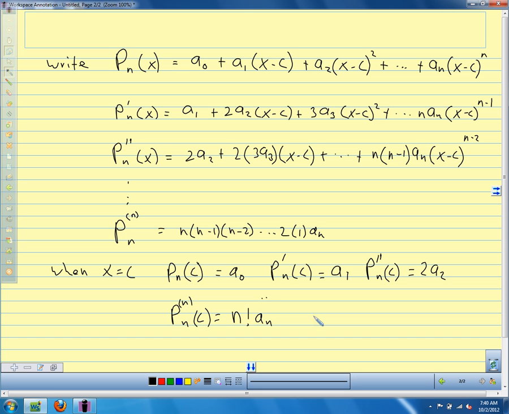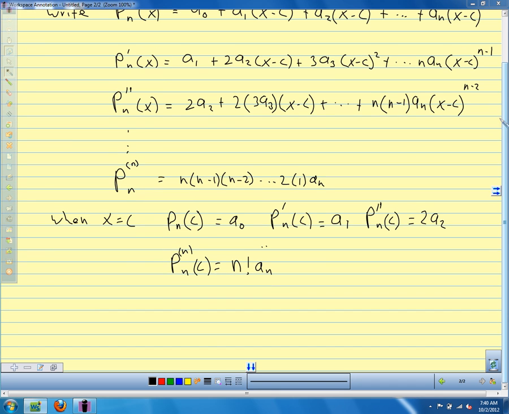And these have to agree with our function and our function's derivative and the function's second derivative at x equals c. So when we make those requirements, that tells us that f of c, our function at c, had to agree with our polynomial at c. So f of c has to equal a0. f prime of c has to equal a1.